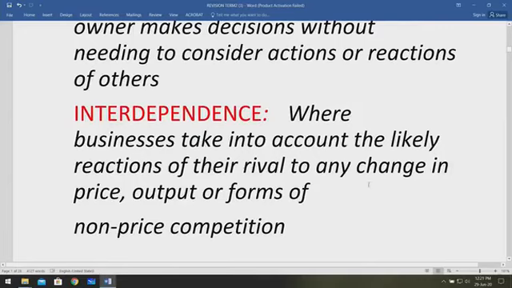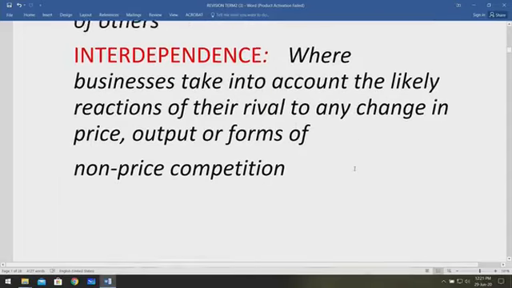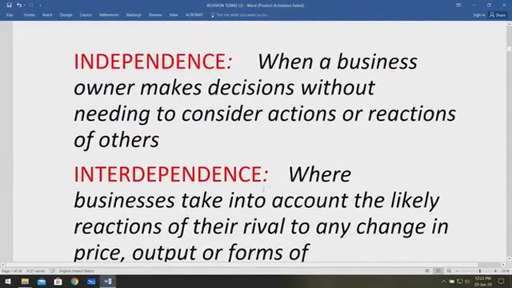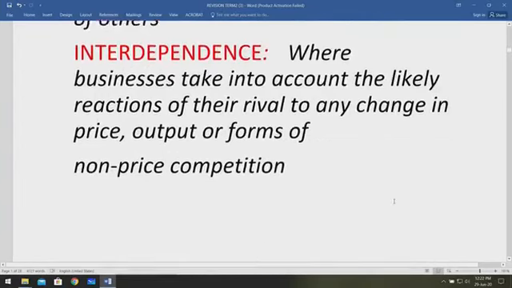So before they take a decision, they've got to decide how their competitors are going to react, what impact their decision will have on the competitor. So that is the difference between interdependence and independence. Independence is more within a monopoly market structure, whereas interdependence is more within your oligopoly market structure.